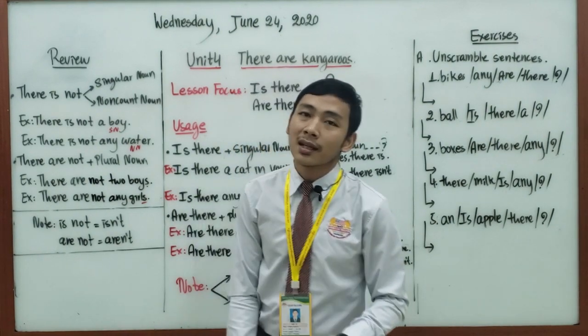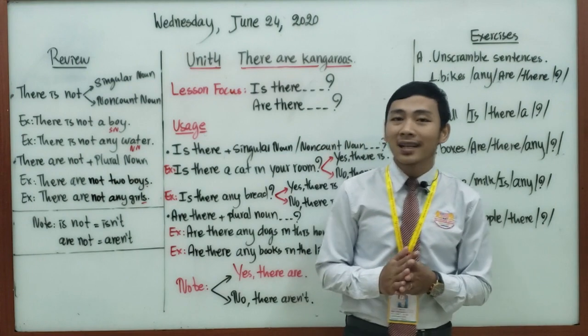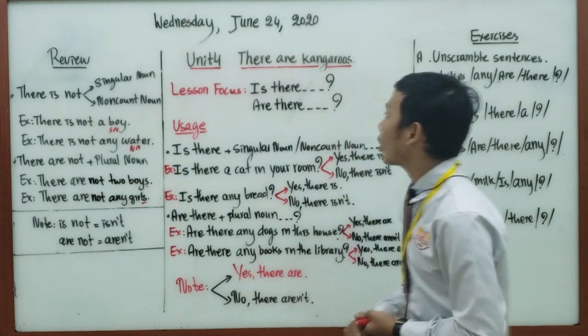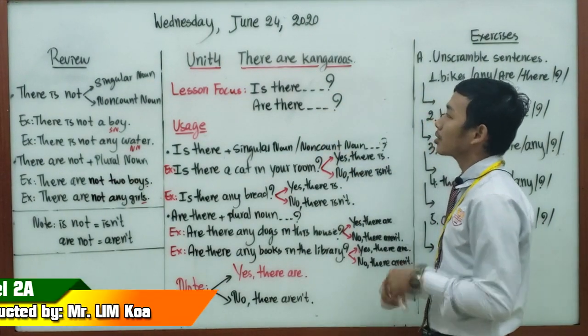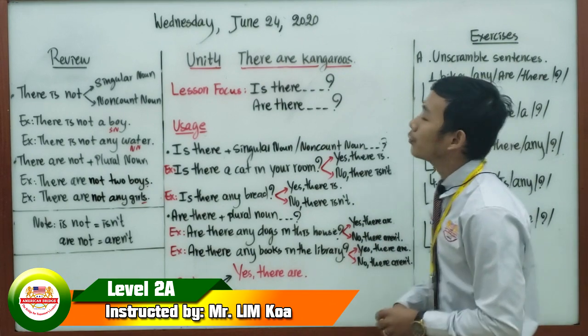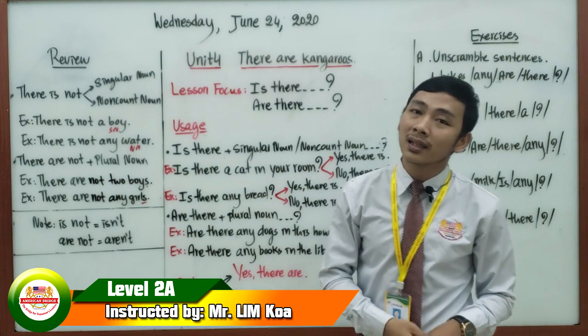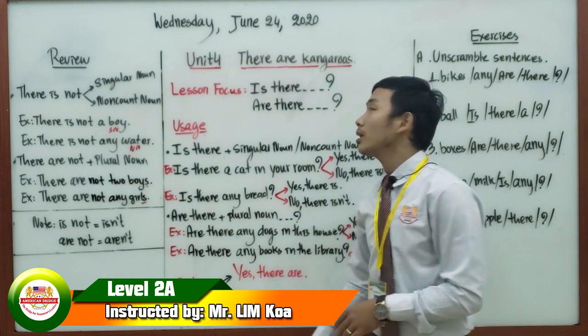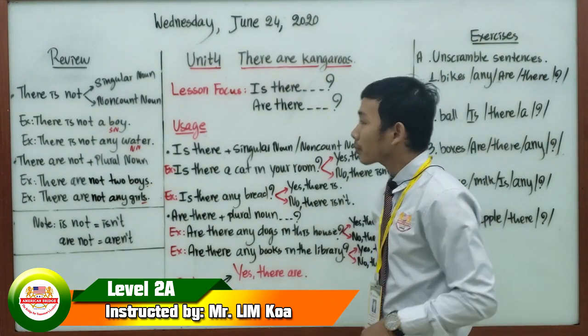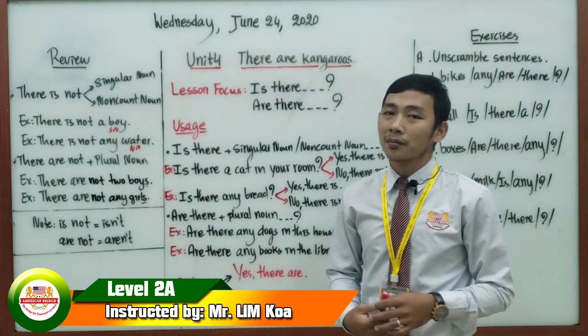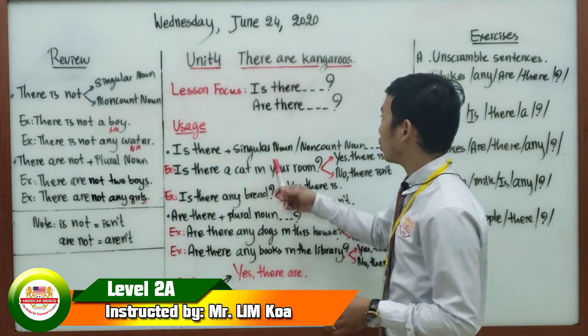Okay, yes. And now let's not waste time, everyone. Now let's go to our lesson all together. So our lesson today, as I told you again and again, we will focus on there is and there are, but in the question sentence. Okay, so in the question sentence, you need to remember the rule.